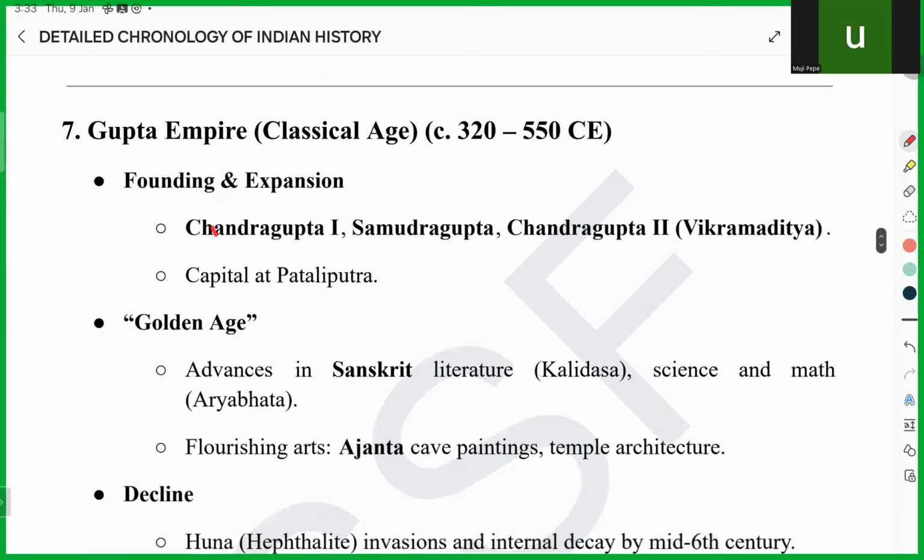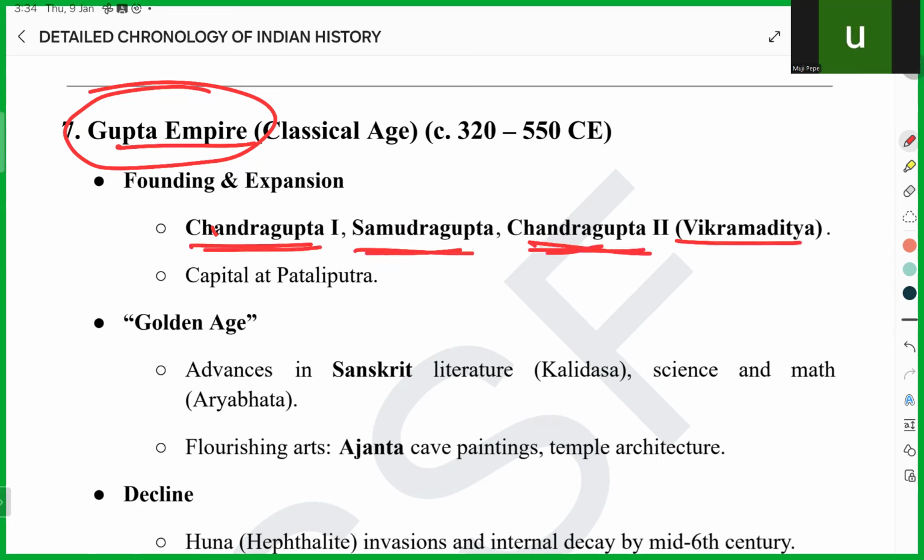The Mauryan Empire led to disintegration, and then small kingdoms came, but the next consolidation on a big level happened under the Gupta Empire. And among them were Chandragupta the First, Samudragupta, and Chandragupta the Second, who was also known as Vikramaditya. These were the kings, and they also had their capital at Patliputra.